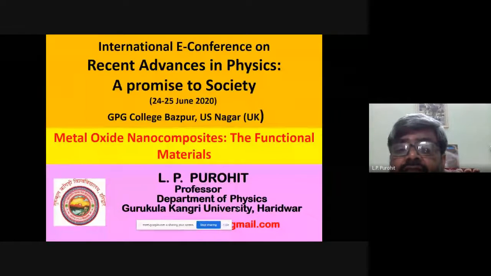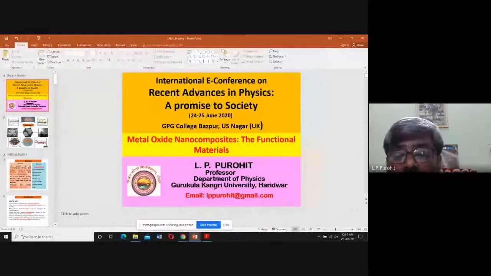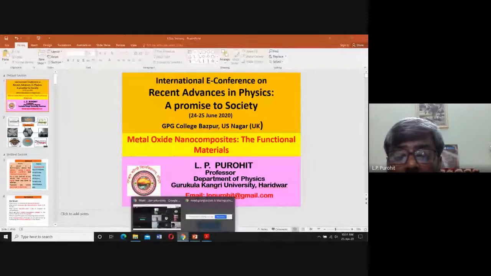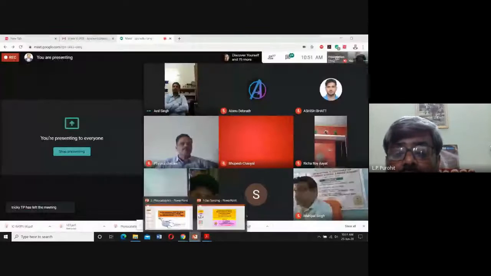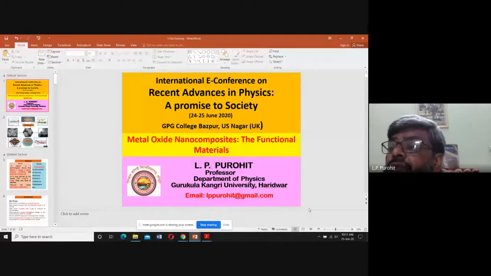The second thing is composites. Composites are combinations of two materials in which one is called the reinforcing phase and the other is the matrix phase.